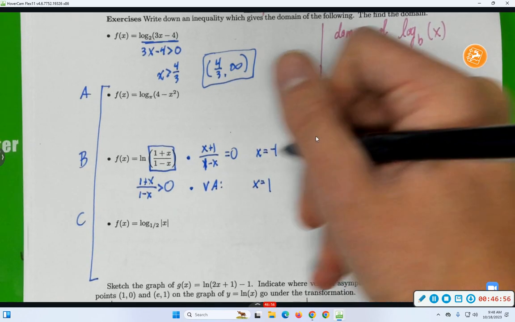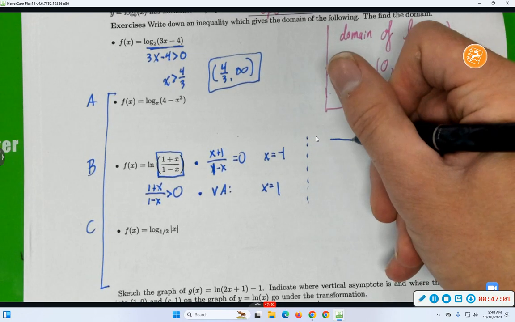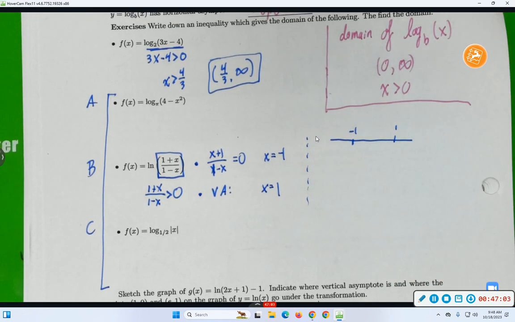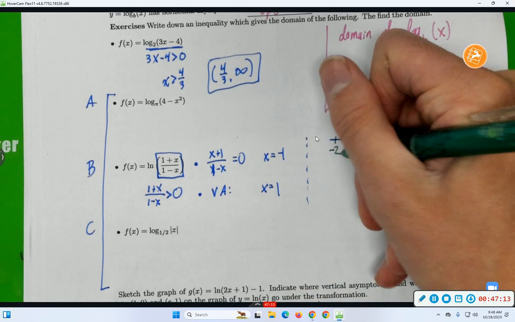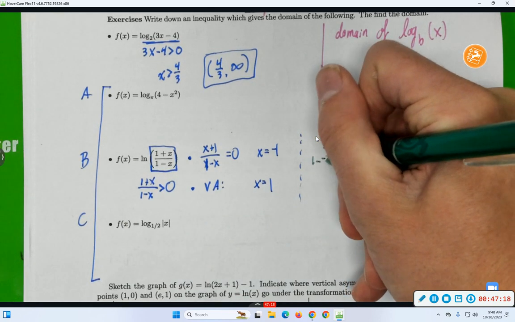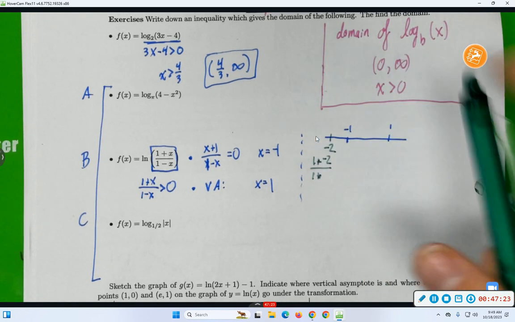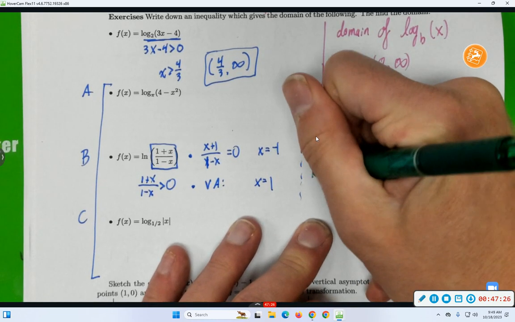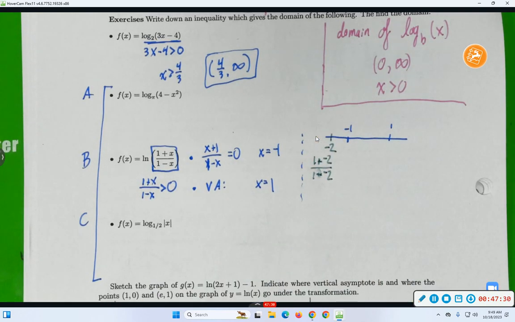And now we will play the check some sample points game. Negative 1, 1. What's an input to the left of negative 1? Negative 2. Let's plug negative 2 into that, see what we get. 1 plus negative 2 is in the numerator. 1 minus negative 2 is in the denominator.